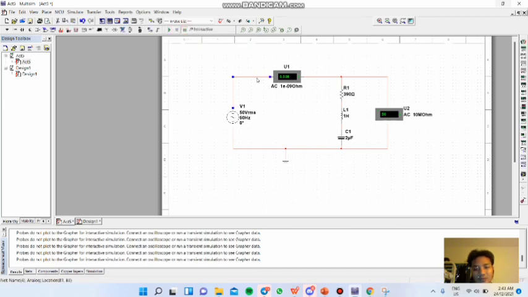Okay, let's move on to activity 6, which is the parallel RLC circuit.